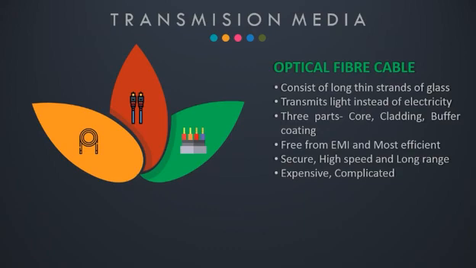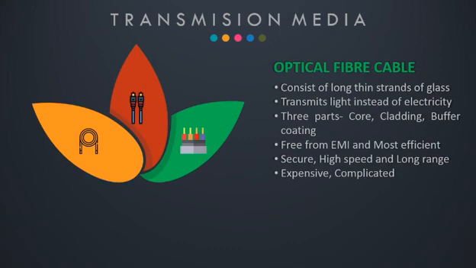The optical fiber cable works on the principle of total internal reflection. So the core transmits the light, and the cladding is the outer optical material that helps reflect the light back to the core itself. Then finally the buffer coating protects the cable from moisture, pressure or damage.